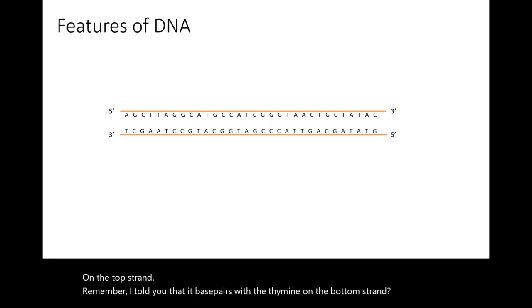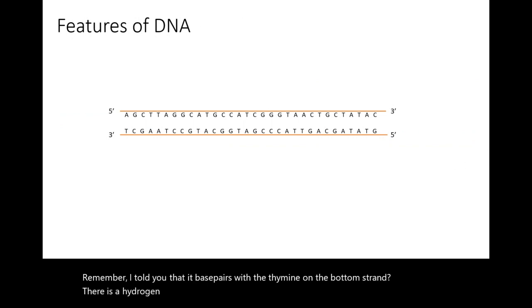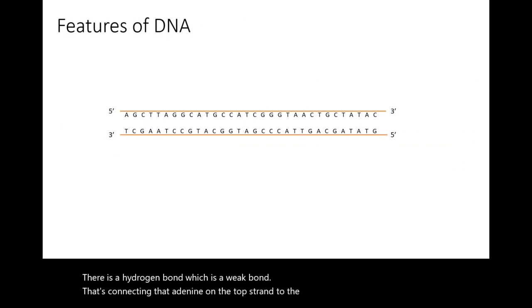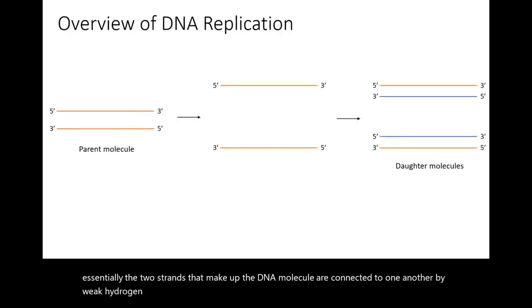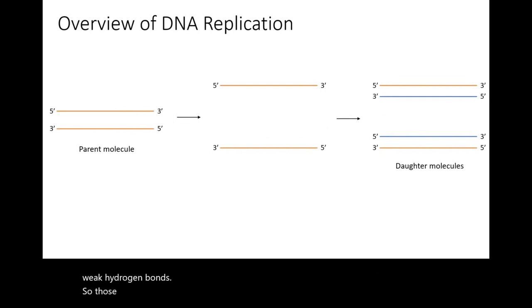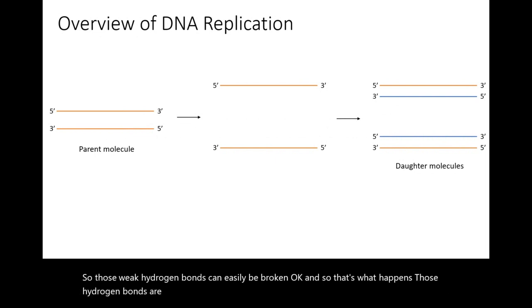There is a hydrogen bond, which is a weak bond, that's connecting that adenine on the top strand to the thymine on the bottom strand. So essentially, the two strands that make up the DNA molecule are connected to one another by weak hydrogen bonds. So those weak hydrogen bonds can easily be broken. Okay, and so that's what happens. Those hydrogen bonds are broken and the two parent strands are able to separate.